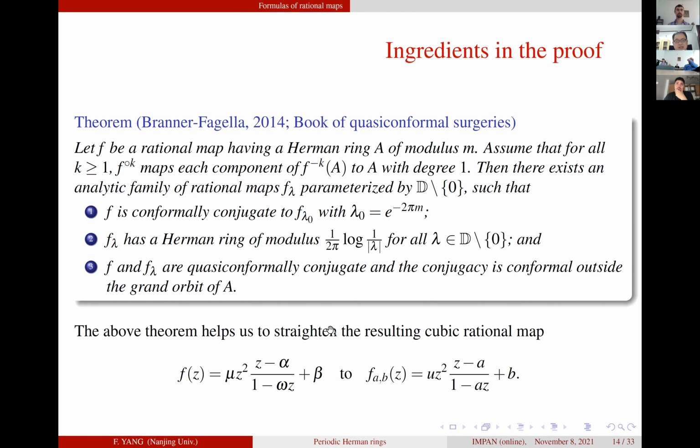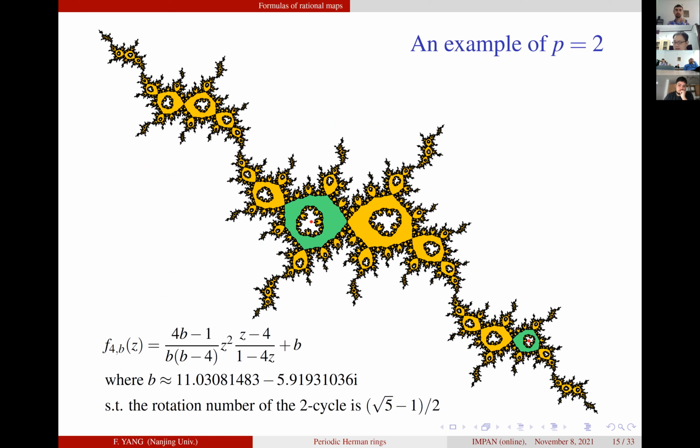And then from this formula and this theorem, we can put alpha and omega the same. If they are the same, we choose a equals 4. In this case we found this formula also by numerical experiment, because we need to show a0 is less than 4. Then we can find some a greater than a0.